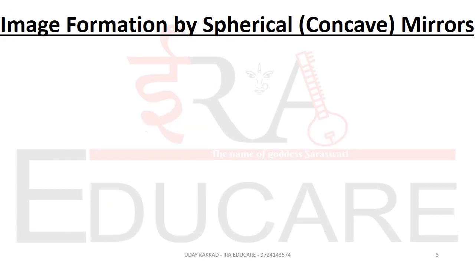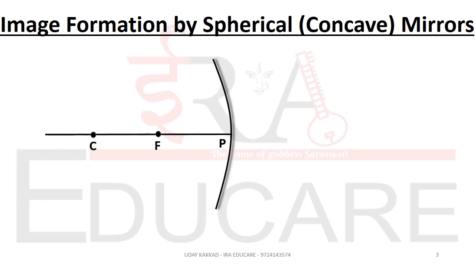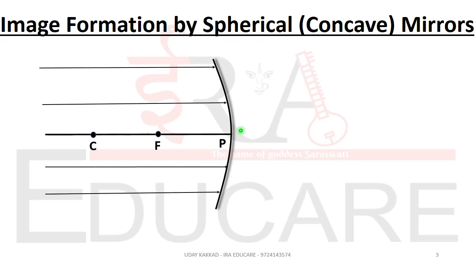So let's start image formation. Okay, we have a concave mirror, right? A principal axis with 3 points: center of curvature, focus point and pole P. Now your object is at infinite distance, right? If your object is at infinity, your rays are always parallel.